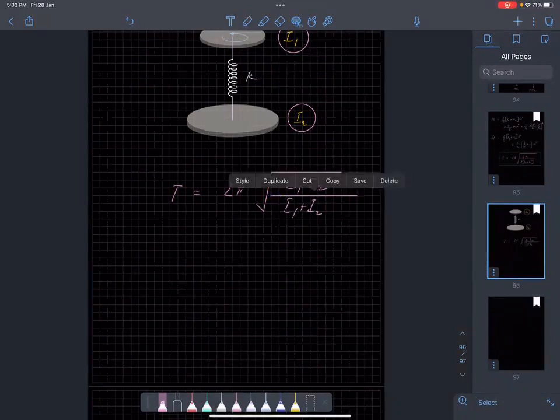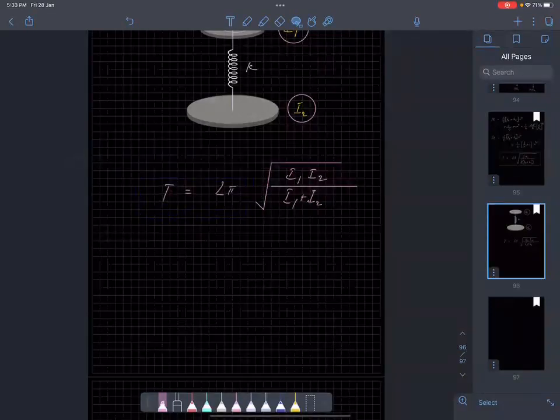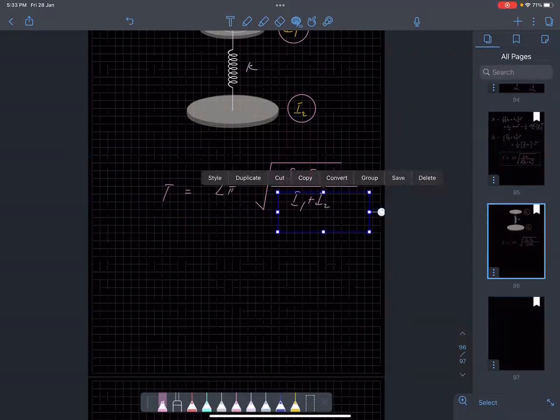Okay. If you have time for practice, you should write the rotational kinetic energies of both. And what will be the energy stored in the twisted spring? Tell me. Energy stored in a compressed spring is half k x square, na?